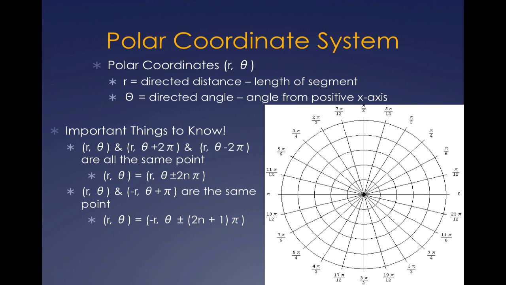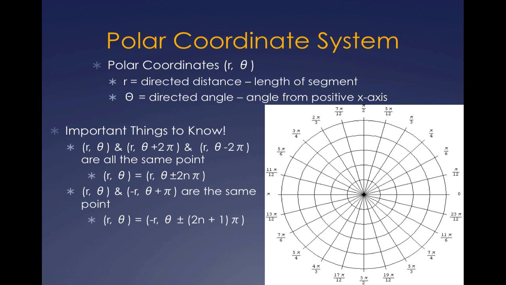Okay, so things that we need to know. These are very important things. We can have the same point represented in many different ways. Think about the unit circle. We could get to the same point on the unit circle by circling around 2 pi. So we have that with the polar coordinate system.